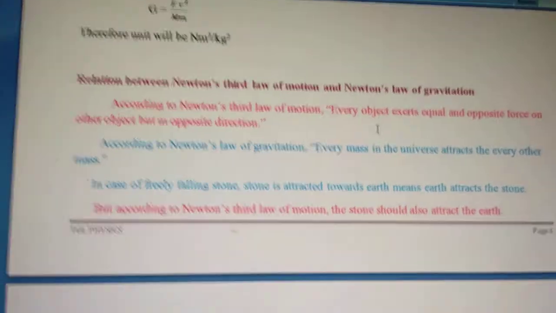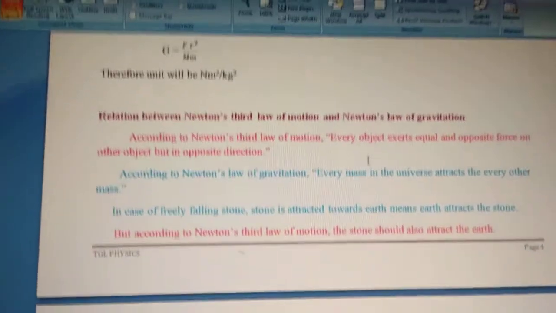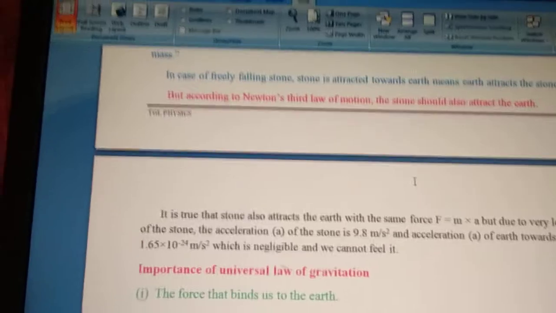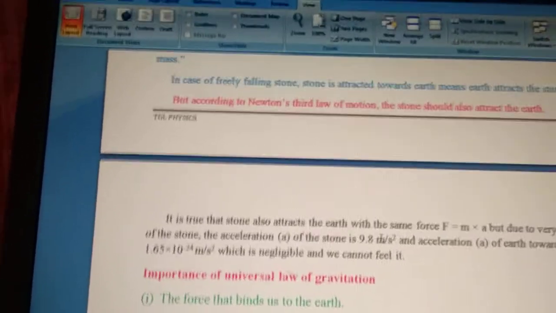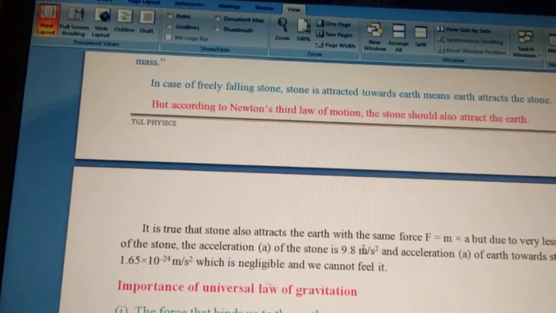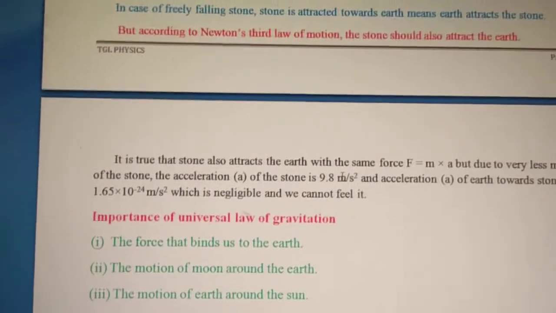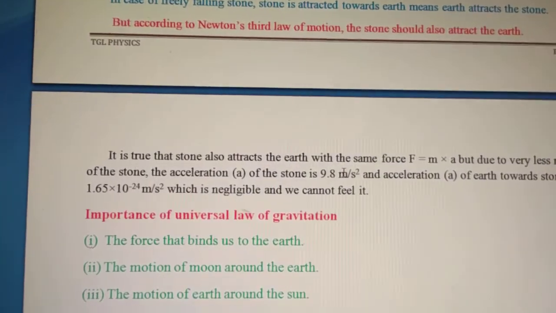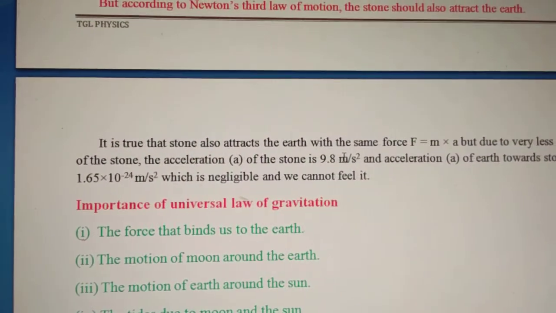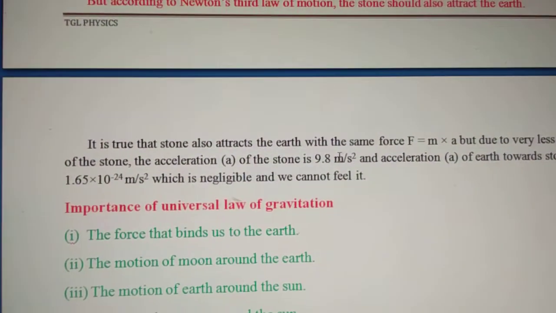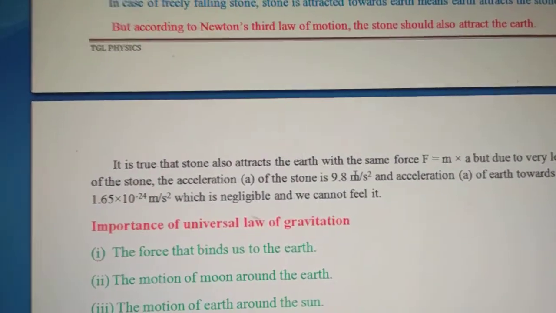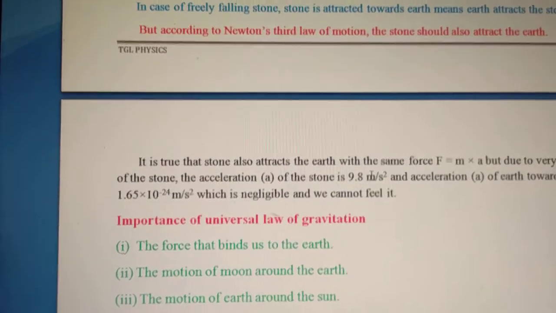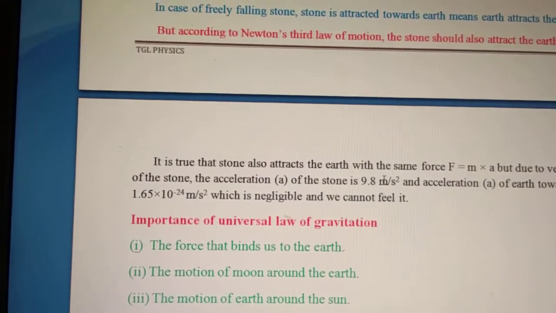It is true, the stone also attracts the earth, but with a very small acceleration. The stone attracts the earth with the force F is equal to ma. But due to the very small mass of the stone, the acceleration of the stone towards the earth is 9.8 meter per second square, while the acceleration of the earth towards the stone is nearly 1.65 into 10 to the power of minus 24.